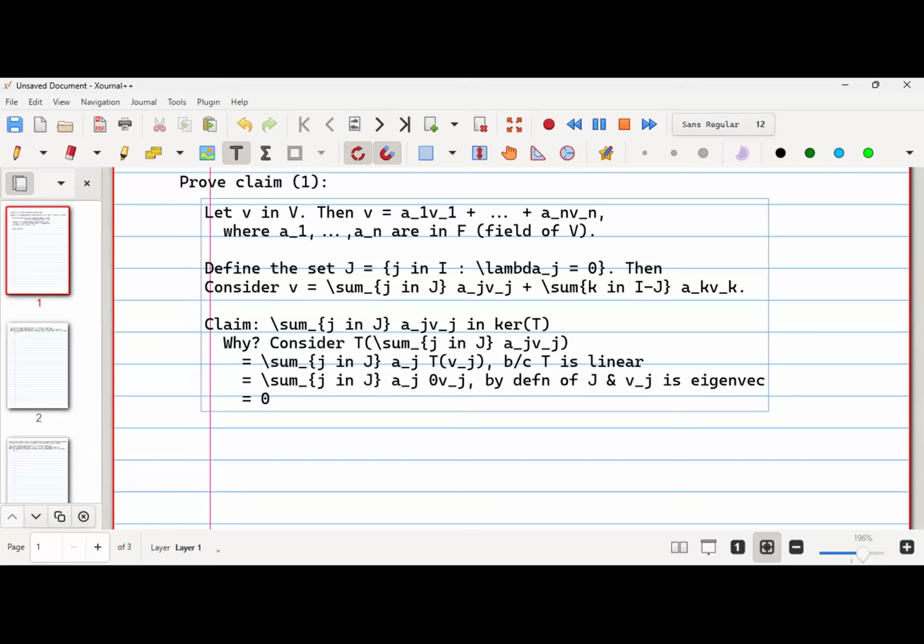I can't really denote that, but 0, we'll just write it with brackets, the additive identity of the space.